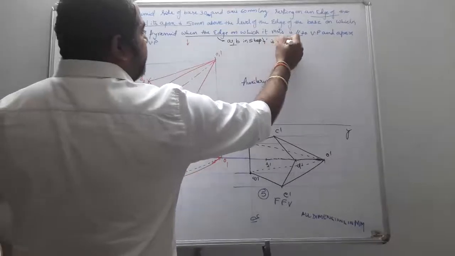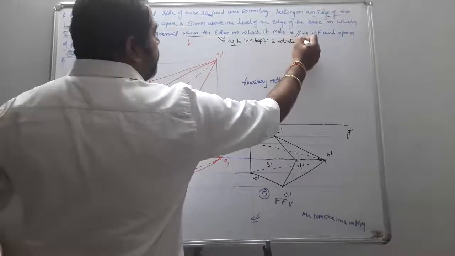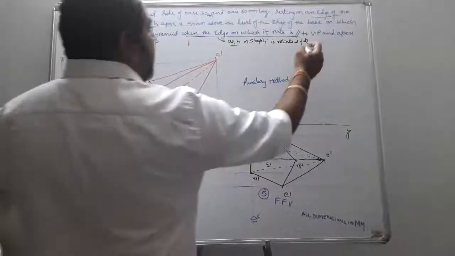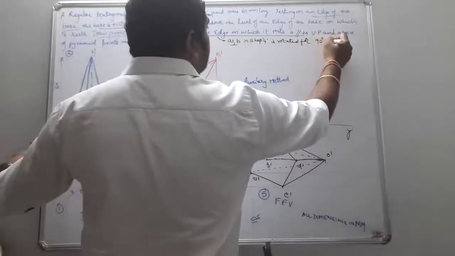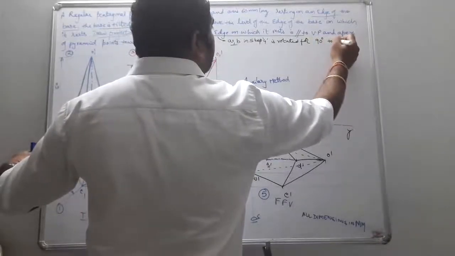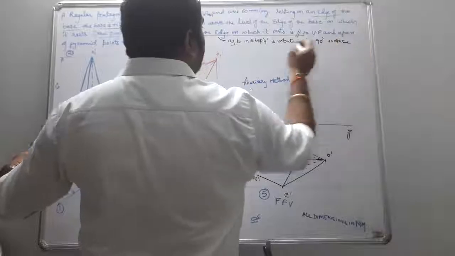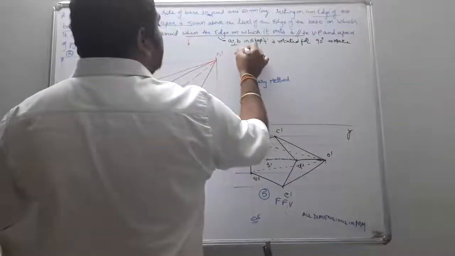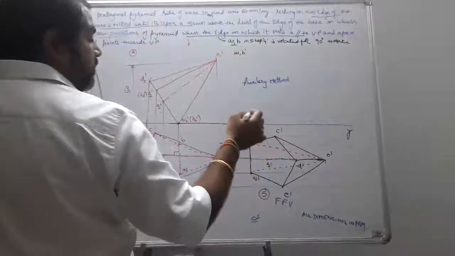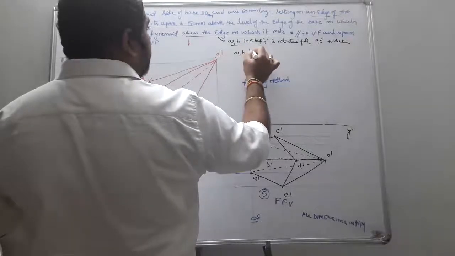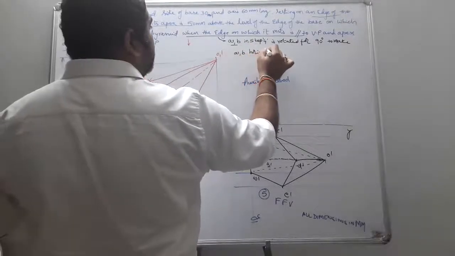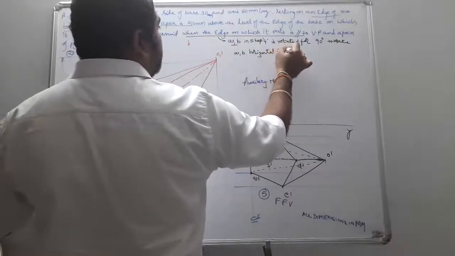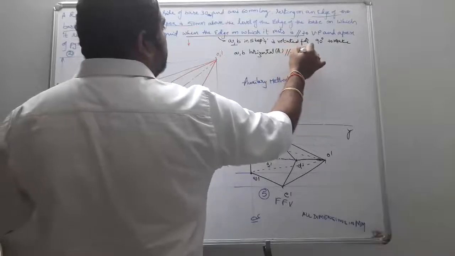is rotated for 90 degrees to make A dash B, A comma B horizontal or parallel to VP.